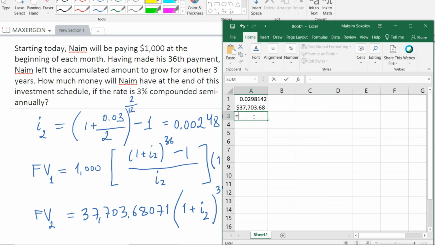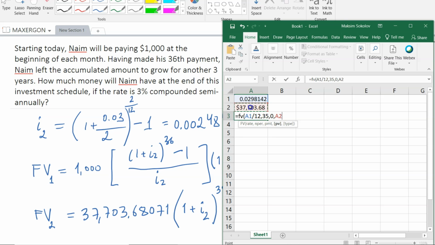Next is to find future value 2. That is to say, to send future value 1 into the future by 35 months. The rate is going to be A1 divided by 12. Number of periods is 35, because we have 35 months into the future that we send the future value 1 to. Because this is not an annuity computation, PMT is 0.